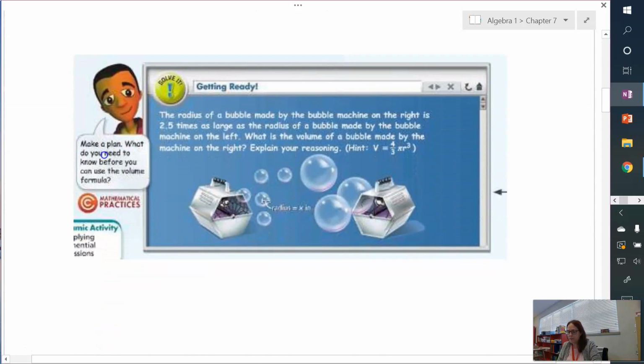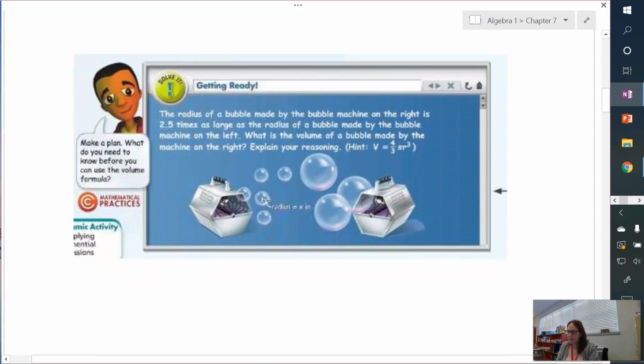Our first problem says that the radius of a bubble made by the bubble machine on the right is 2.5 times as large as the radius of a bubble made by the bubble machine on the left. So if the radius on the left is x, then the radius on the right is going to be 2.5 times x, or 2.5x.